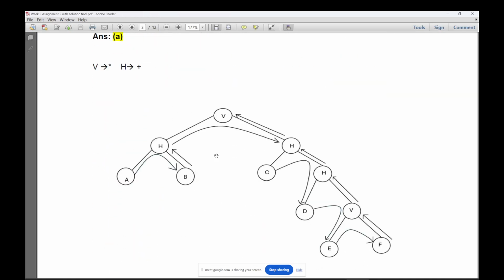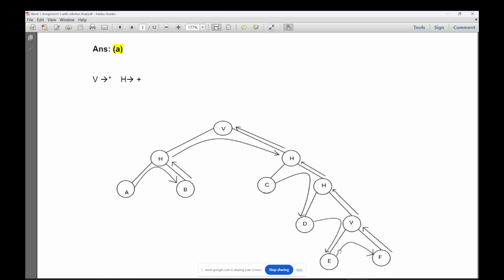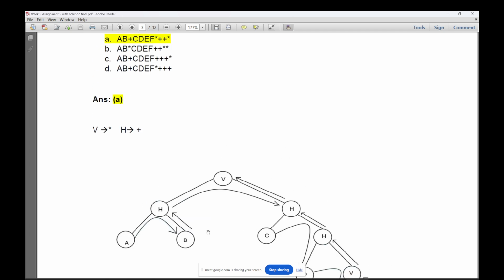This is the solution for this question actually. Basically, A, B, then H is plus. Okay, A, B, then plus.